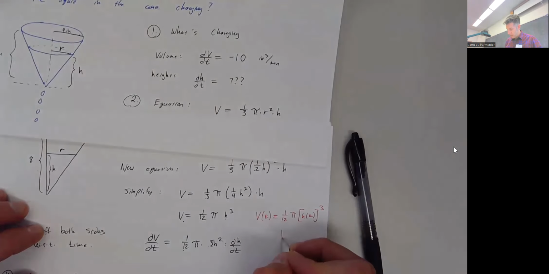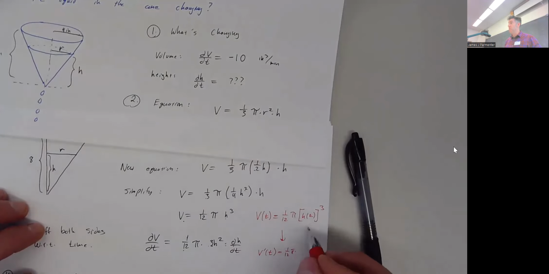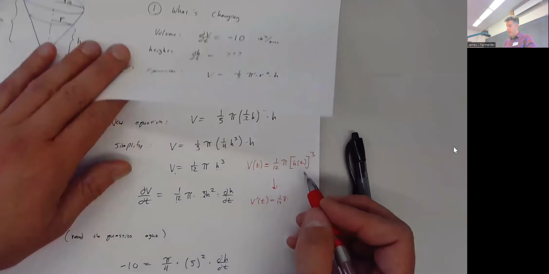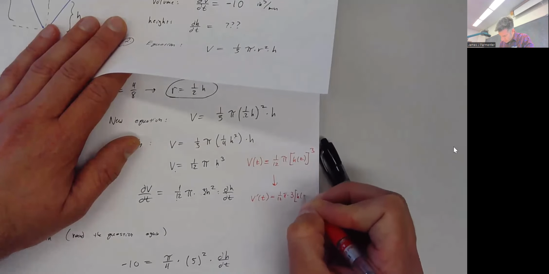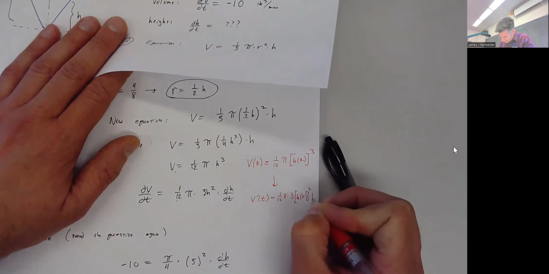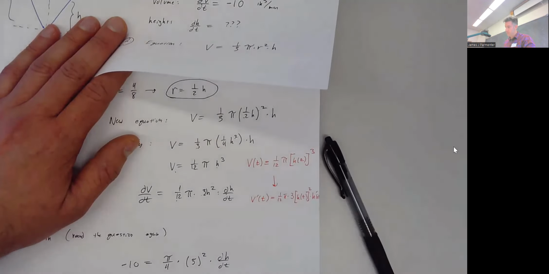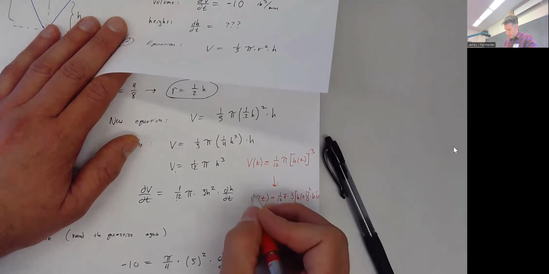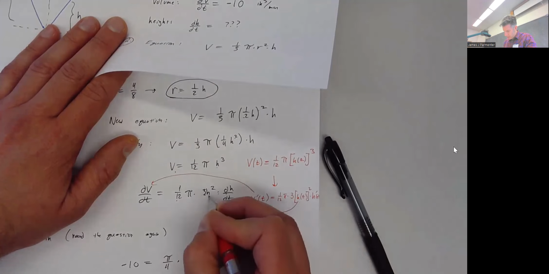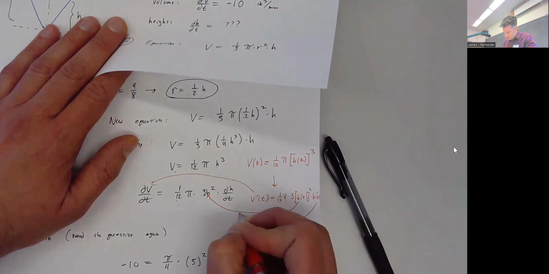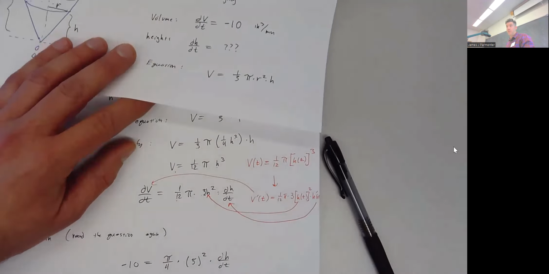Then when you differentiate both sides, I'm going to use the other notation, v prime of t equals 1/12 times pi times the derivative of some stuff cubed, which is 3 times your stuff squared times the derivative of your stuff. But that's exactly right. There's your v prime of t, dv/dt. There's your h of t is just h, and your h prime of t is your dh/dt. All the same stuff.